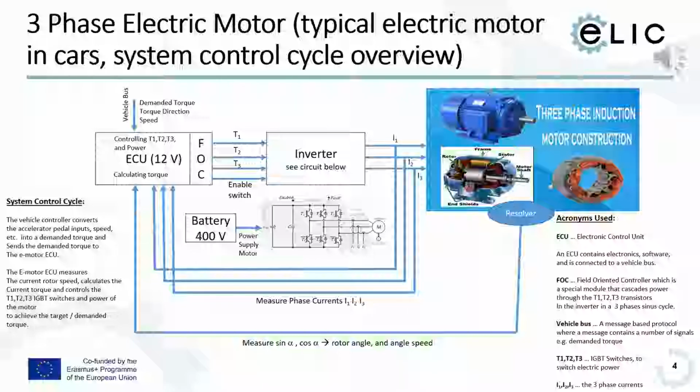These are the 3 phase currents which are actuating the magnetic fields in the motor to drag the rotor. What is not visible here but has to be mentioned is that the rotor itself inside is usually a permanent magnet rotor, which is made out of special material so that we have a very strong permanent magnet inside the motor.